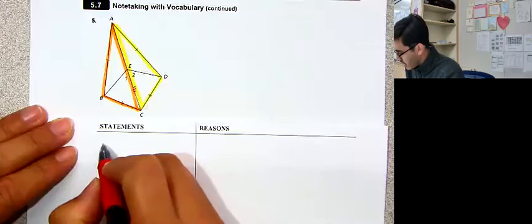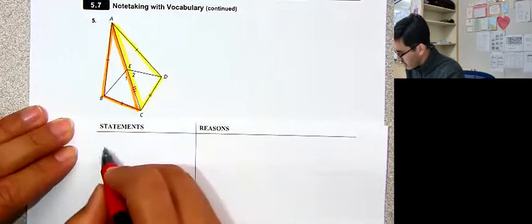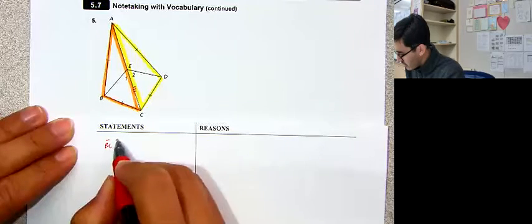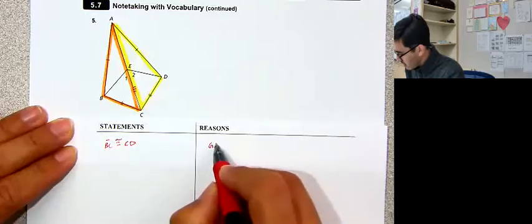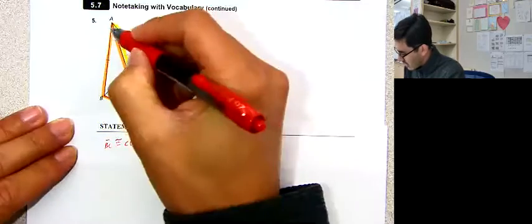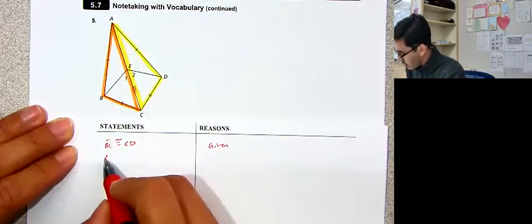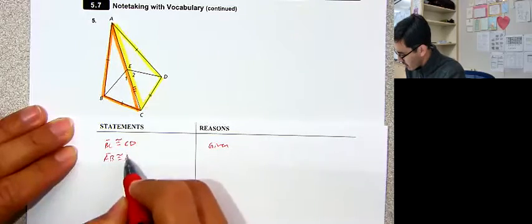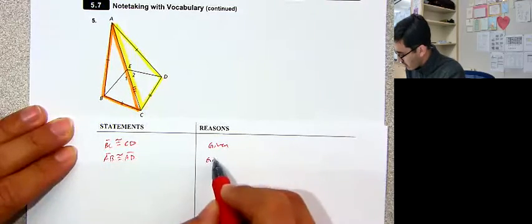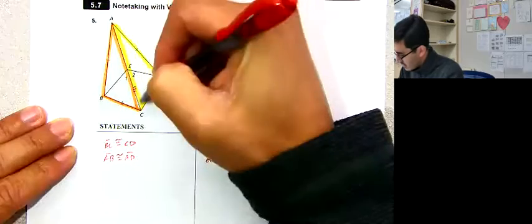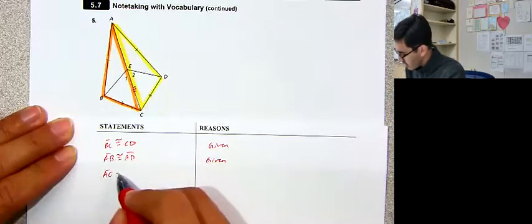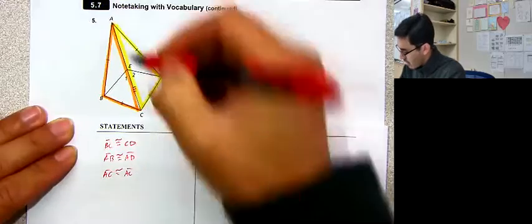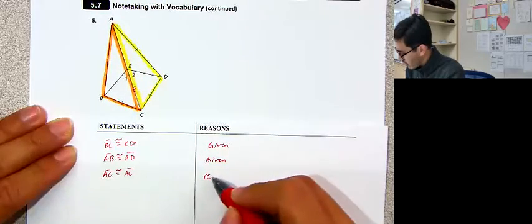Let's write some of this information down as a proof. Let's start with the short sides, BC and CD. BC is congruent to CD, that's given. Then AB and AD are congruent, given. And then AC orange is congruent to AC yellow by the reflexive property.